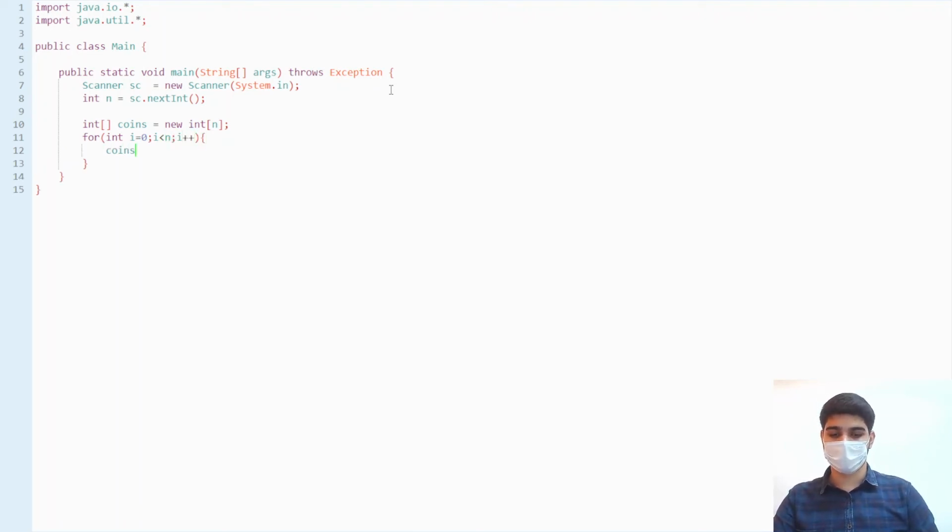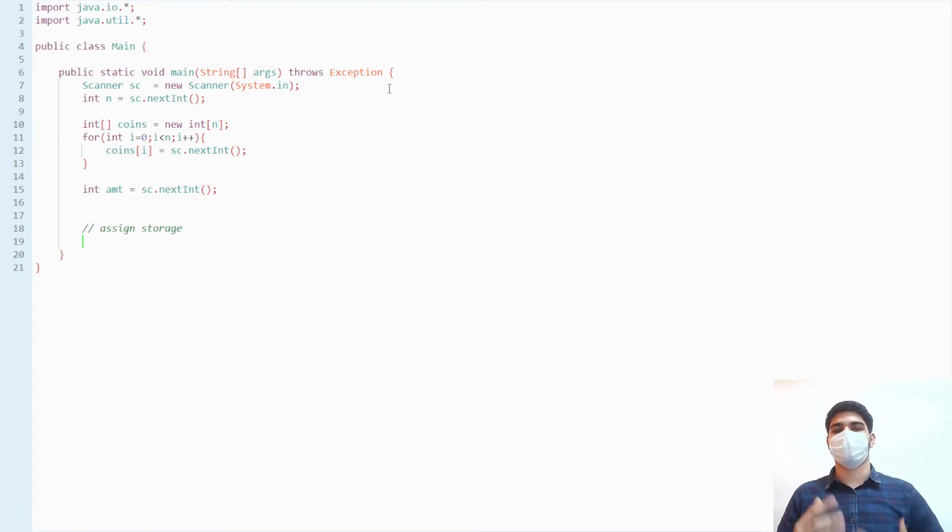So we have coins of i equal to sc.nextInt, and then what we need to do is take another input, which is our amount. So sc.nextInt, right? Till here we have taken the input. Now what we have to do is the very first step that we had, which is assigning storage, right?